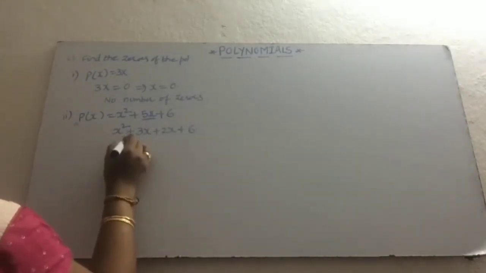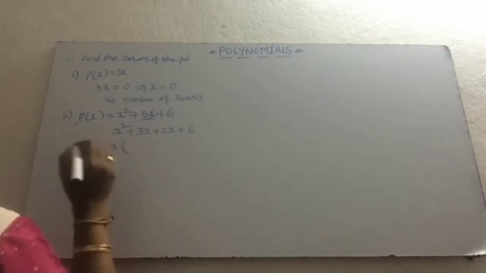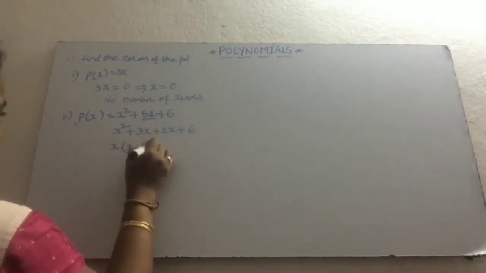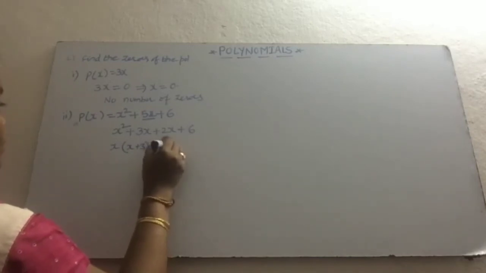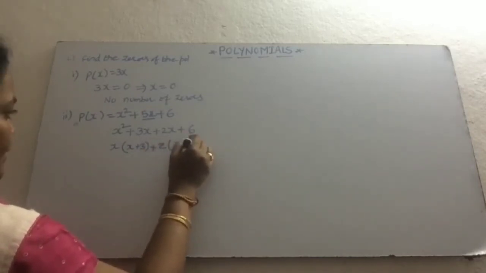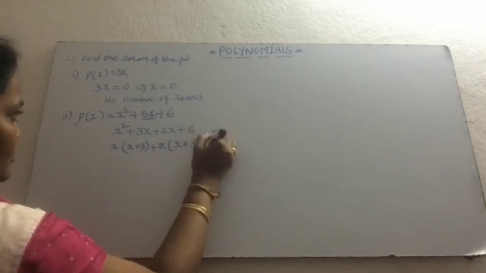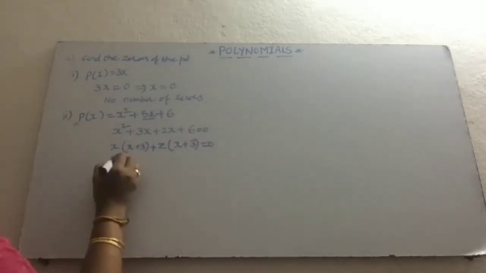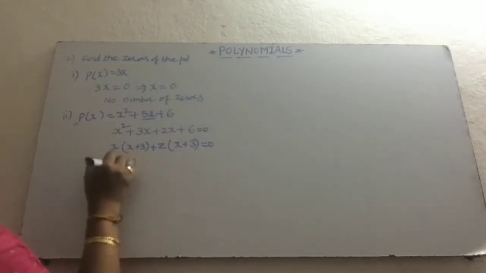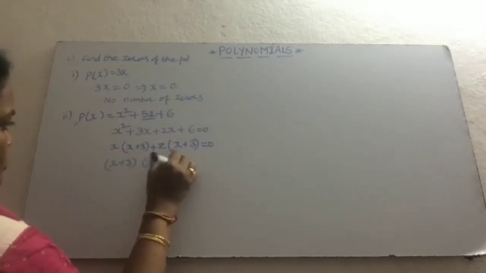In these two terms we take x common, then x plus 3. And in these two terms we take 2 common, then x plus 3. Now x plus 3 into x plus 2 equal to 0.